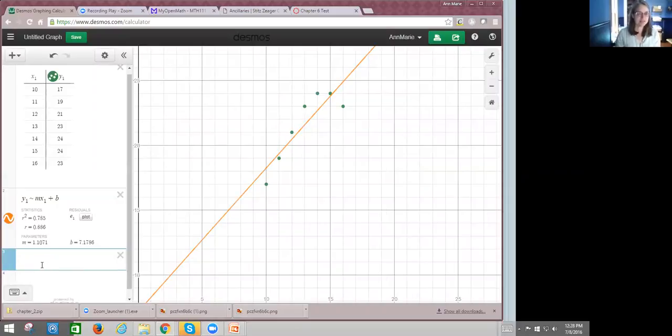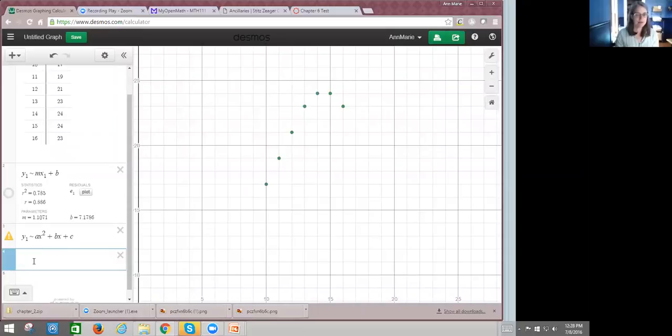Let's turn the sky off. And let's try y1. The tilde is what tells Desmos it's going to be doing some work. And we can just type in ax squared plus bx plus c. Maybe. Oh, can't.